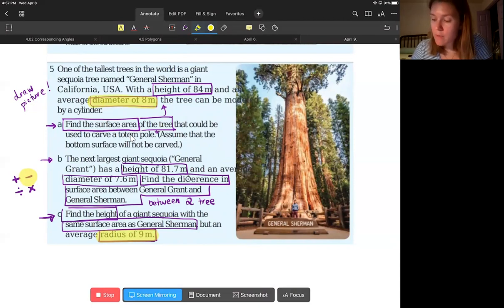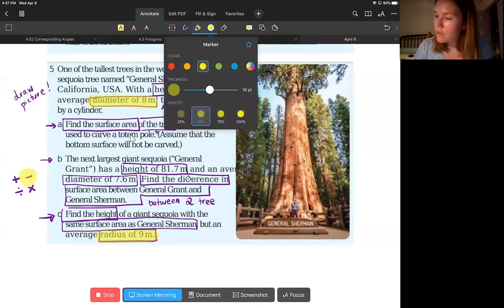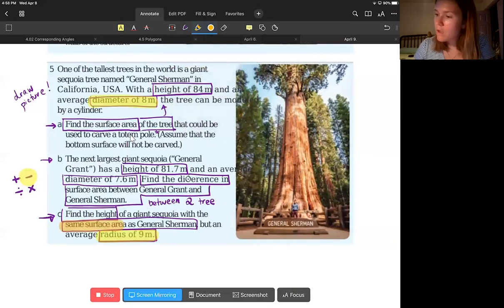Okay, so that's going to make something different. And if it says that it has the same surface area, what is that surface area going to be for this one? It's going to be the answer from question A.